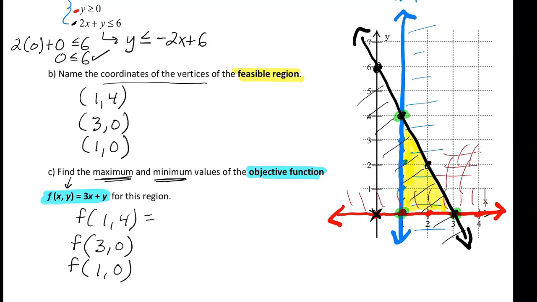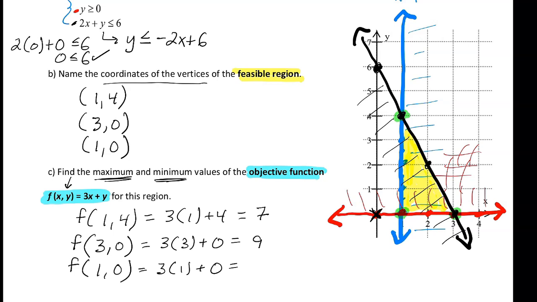So for instance, the first one we'd have 3 times the x plus the y. The next one we'd have 3 times the x plus the y. And then the last one we'd have 3 times the x plus the y. And evaluating those, the top one we get 7, then we get a 9, and then we get a 3. So which one's the maximum? Well, the maximum is the biggest one, and the minimum is the smallest one.